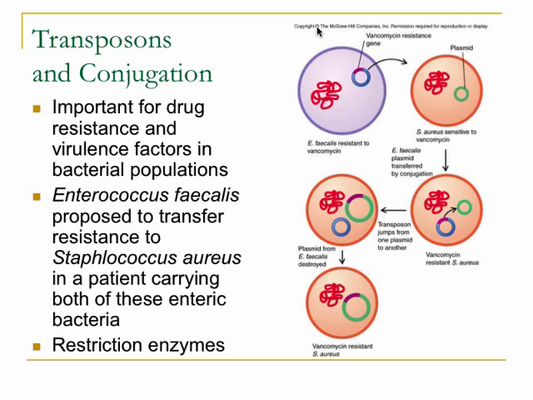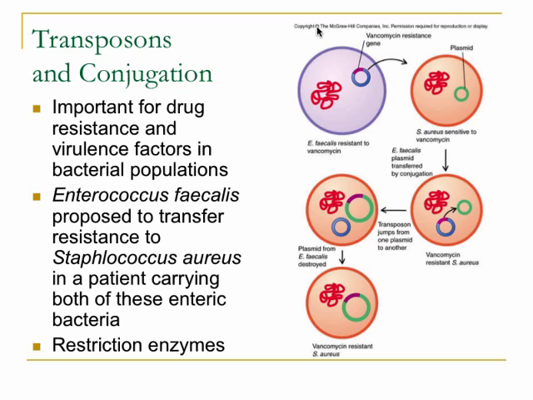So what was proposed to have happened is that the patient that originally came in without an infection was exposed to Staphylococcus that had acquired the gene for vancomycin resistance from the process of transposition and conjugation.